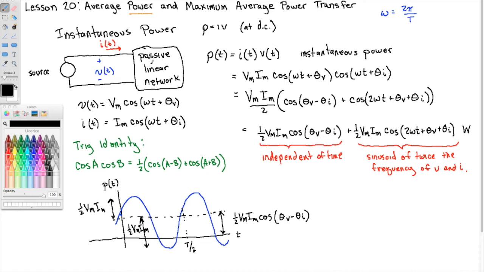So again, the network is absorbing power when the power is positive. But the power can dip negatively, so that means the current is going the opposite way, and the source is absorbing the power. This is possible because, again, the capacitor and the inductor can temporarily store energy. So, on the positive part of the cycle, current is flowing in, and the capacitor and the inductor are storing energy. Then, for the negative part of the cycle, that energy is being released the other way, and the source is absorbing energy.